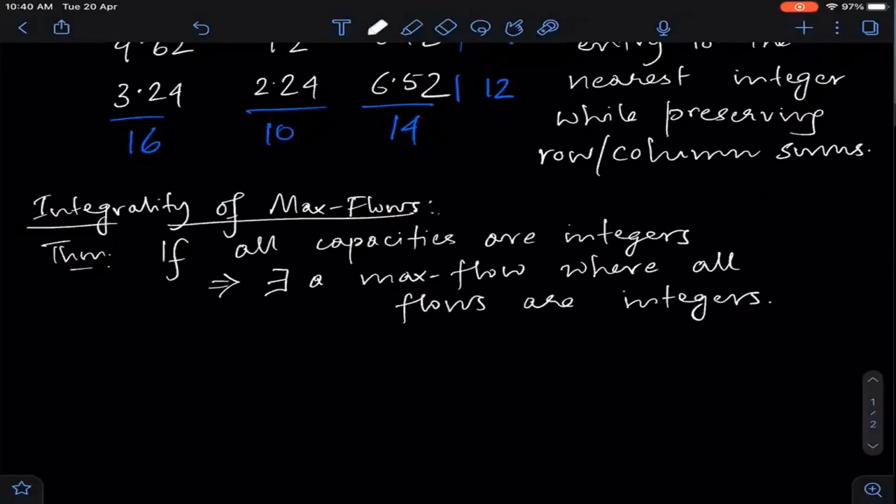So why do you think we can claim this? Sum of integers is integer, but what do you mean by sum of integers? So I'm claiming that the maximum flow is an integer. So why can't it be fractional? Why can't it happen that the maximum flow has some fractional flows on some of the edges? Why can't this happen?